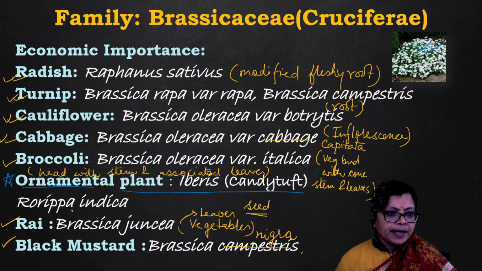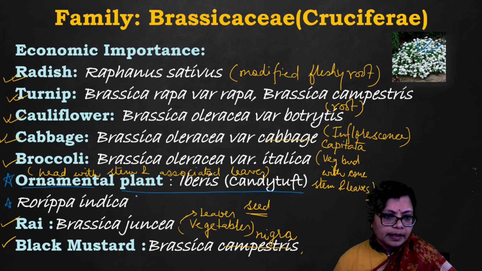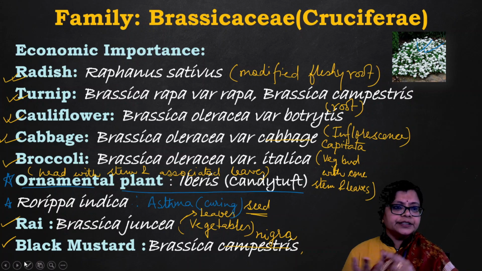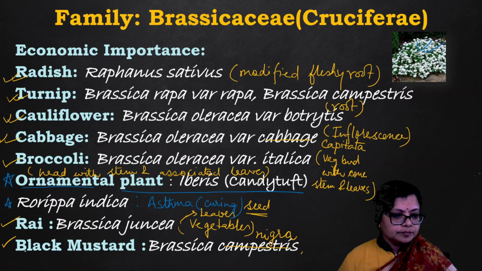Now, Rorippa indica, it is used for curing asthma. So, radish, turnip, cauliflower, cabbage, broccoli, then Iberis, Rorippa indica, rye, black mustard. Many examples we have learned to be remembered.